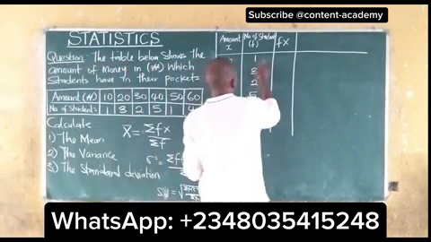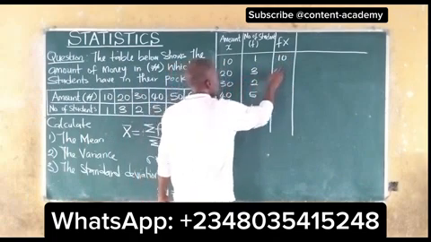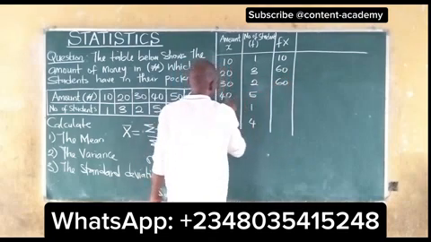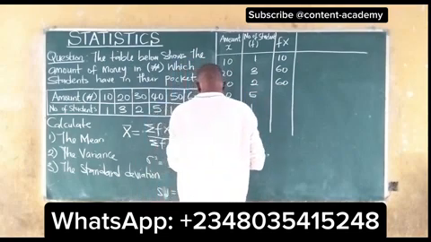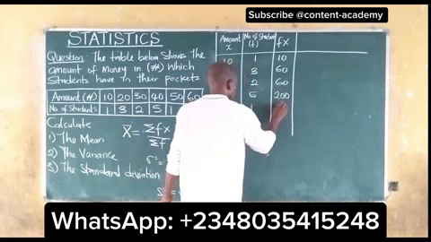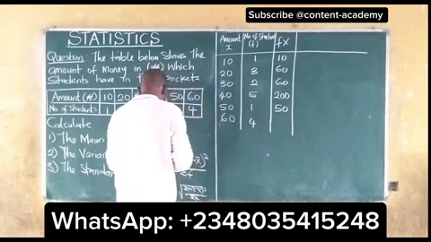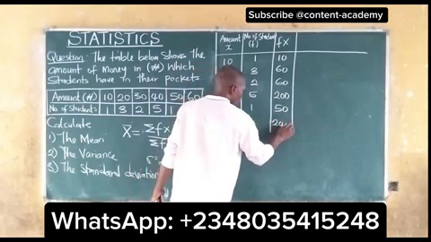Here f of x will be 10 multiplied by 1, which is 10, 20 multiplied by 3, which is 60, 30 multiplied by 2, which is 60, 40 multiplied by 5, which is 200, 50 multiplied by 1, which is 50, and 60 multiplied by 4, which is 240.